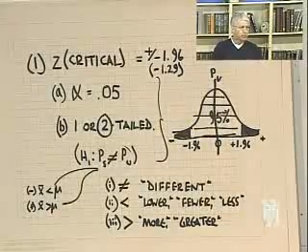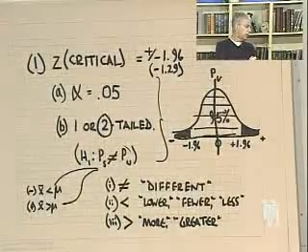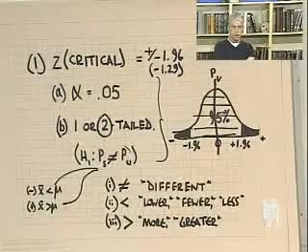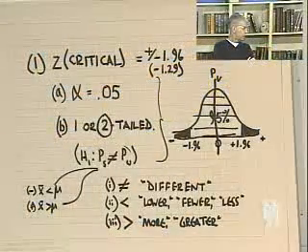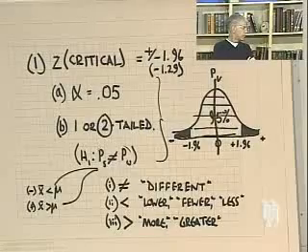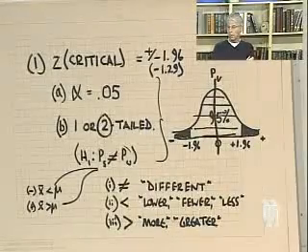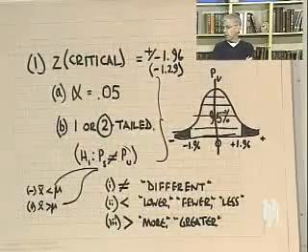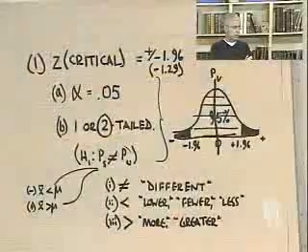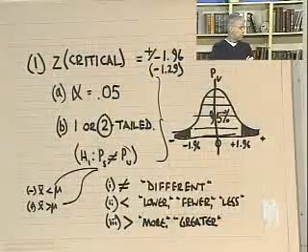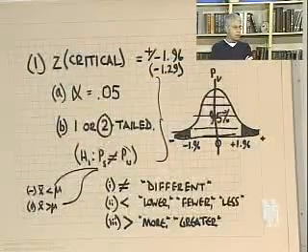All those who say you reject the null hypothesis, stick up your hand. No votes for rejecting the null hypothesis, it seems, although there's at least one person wavering. All those who say you fail to reject the null hypothesis. We have some votes for failing to reject the null hypothesis.